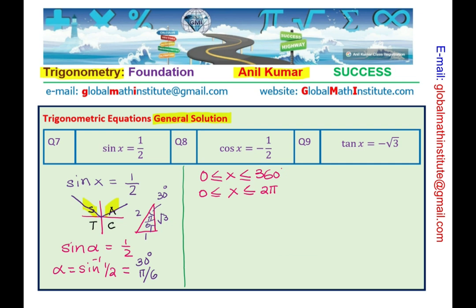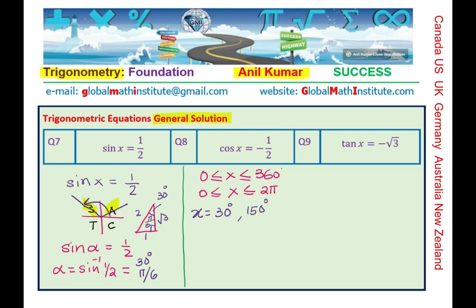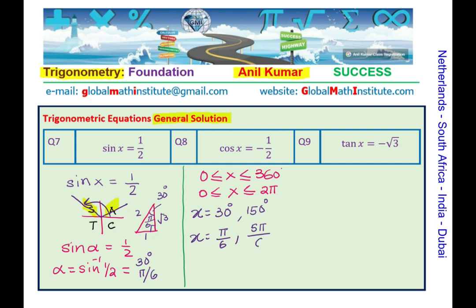So we can say x is equal to 30 degrees, or it is 180 minus 30, which is 150 degrees. That will be in degrees, or in radians you can write pi by 6 and 5 pi by 6. One less pi by 6 than pi, right? So we get the solution which is from 0 to 360 degrees. So that is another step.